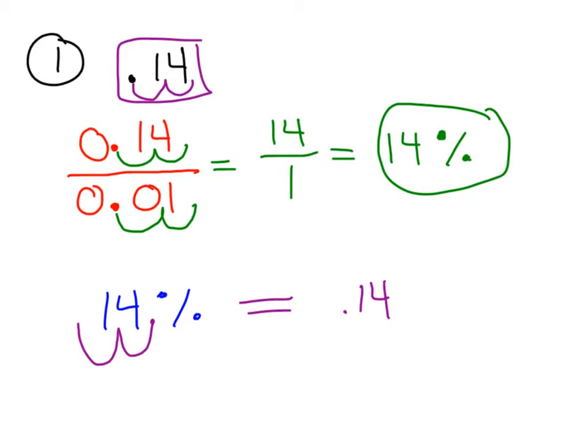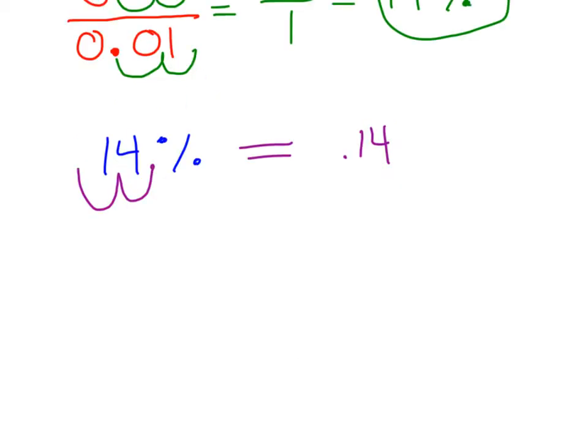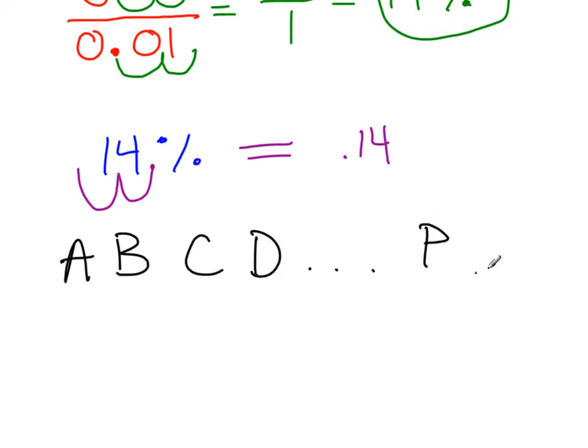Since that's a little hard to keep track of, what I try to tell most students is remember your alphabet. And it goes something like A, B, C, D, there's some letters, and then there's P and some more letters. And what I note is decimal for D, and when I will go from a decimal to a percent, we move to the right. And that's what we did up above.